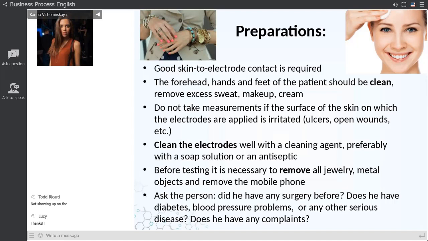And before making a test, you need to ask yourself, if you are testing yourself or the person you are testing, does he have any complaints? Did he have any surgery before in his life? Does he have diabetes, blood pressure problems, or any other serious diseases? It's very important because, as I told before, this life expert mode for diagnostic is not for professionals.